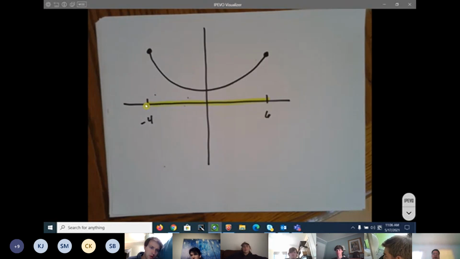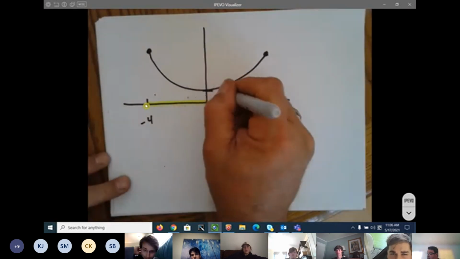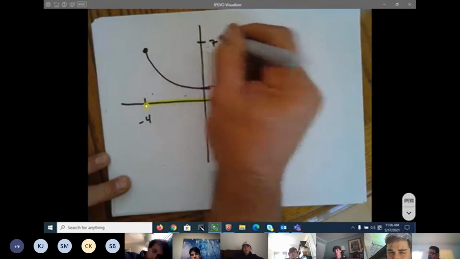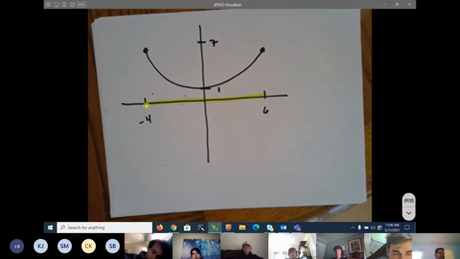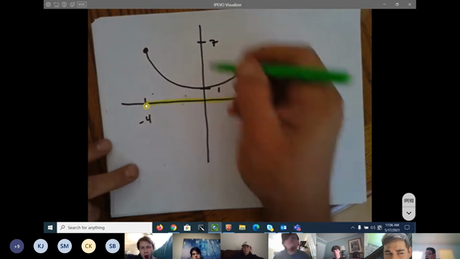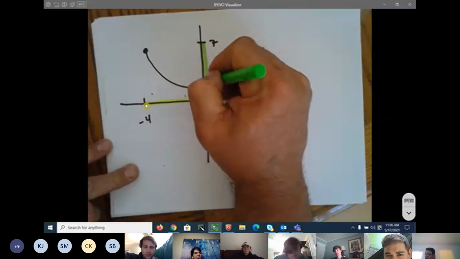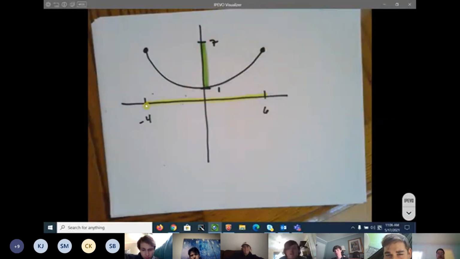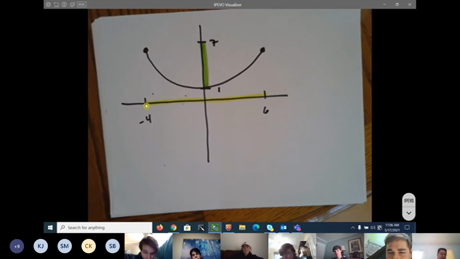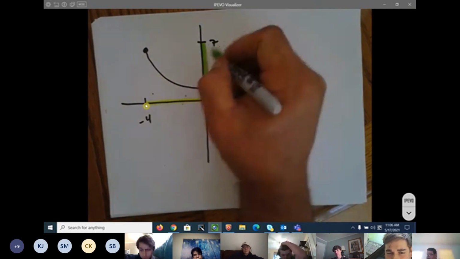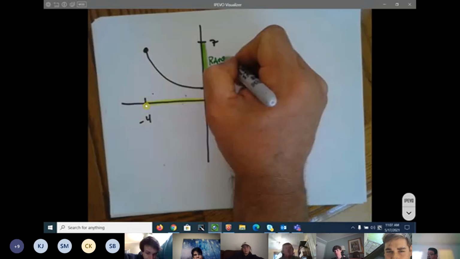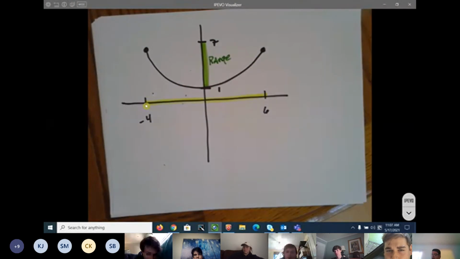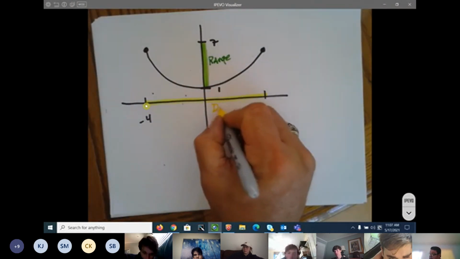My range, if this is 1 and this is 7, my range is from 1 to 7. I am going over this kind of haphazardly and quick because, again, I don't know what you know and what you don't know. So this is your range, and this is your domain.